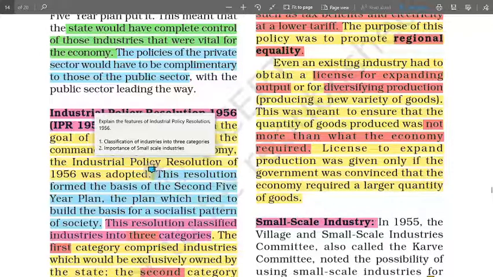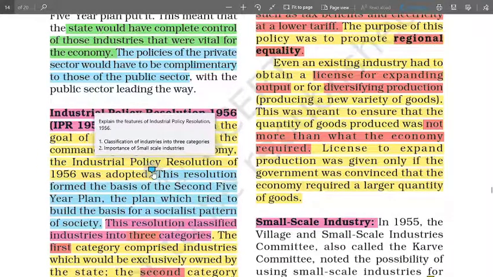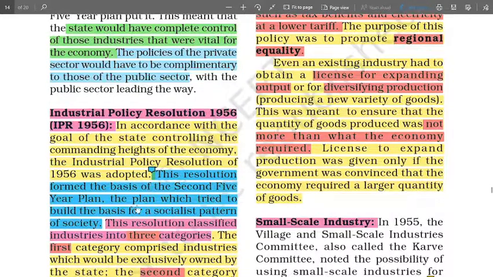So that is the first feature. The second feature, which I will talk about later, is the importance of small scale industries. So these are the two main features of IPR 1956: group industries into three categories and stress the need for the development of small scale industries. We'll see why. Okay, so let's go to the first feature.